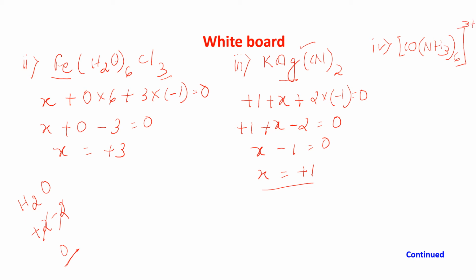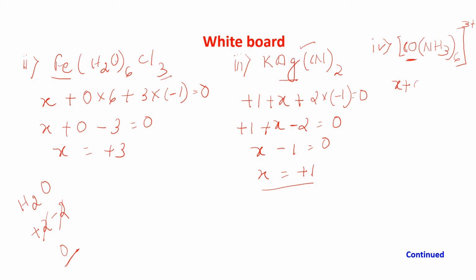You have to find out the oxidation number of Co. Okay, now how to find out that? This is X plus, ammonia is a neutral molecule, so its oxidation number is 0.